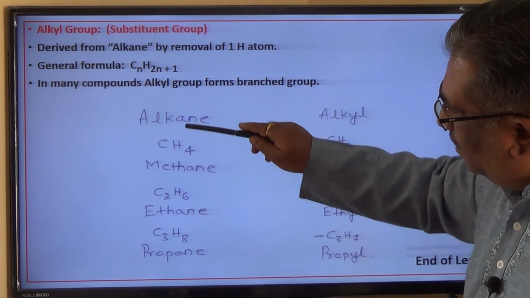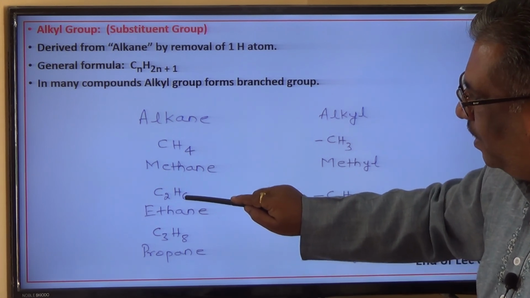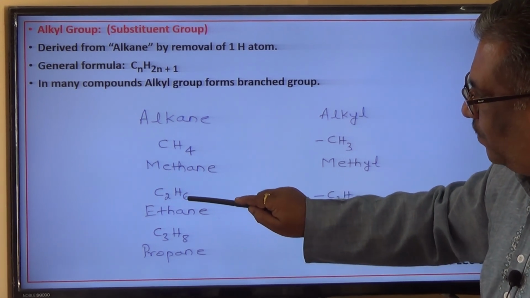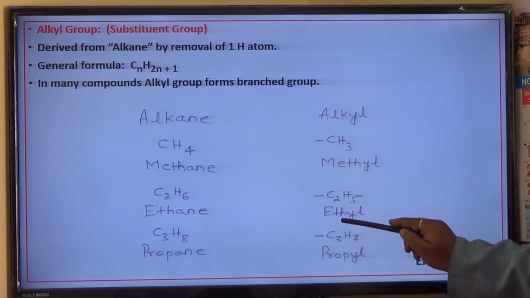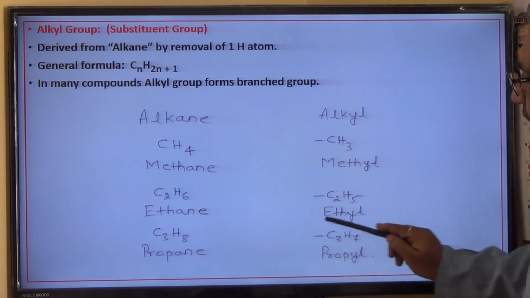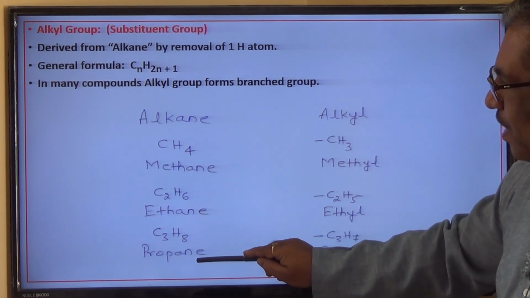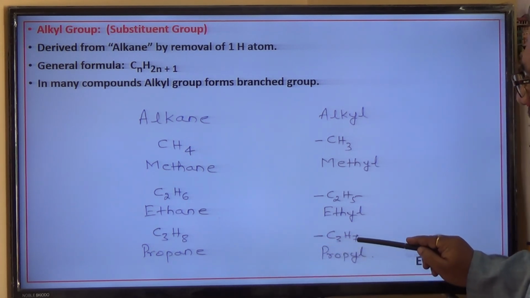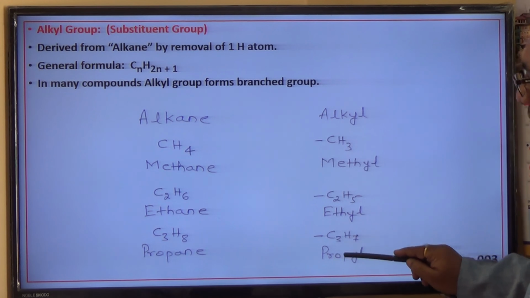Next is ethane, C2H6 is ethane; remove one hydrogen, C2H5 with a bond, name ethyl. Ethane, ethyl. Next is C3H8, propane, propyl: C3H7 with a hyphen, one bond, C3H7 propyl.